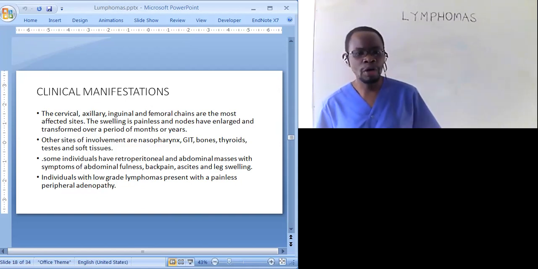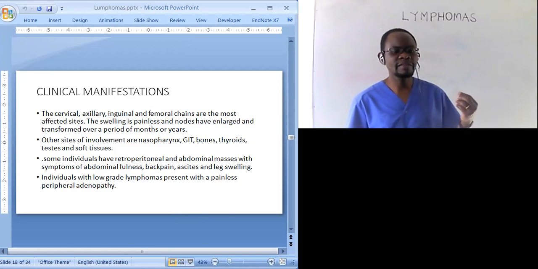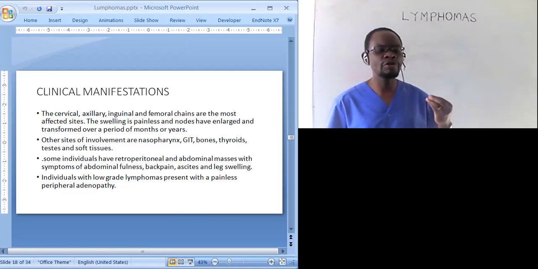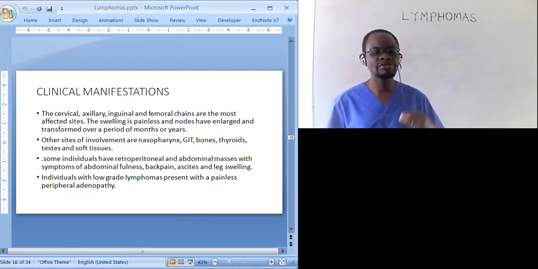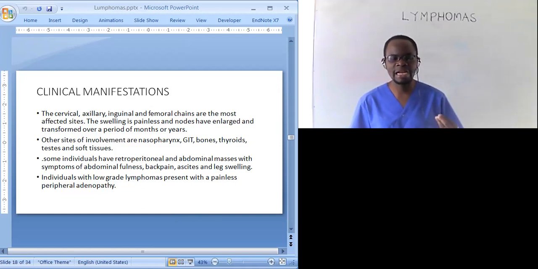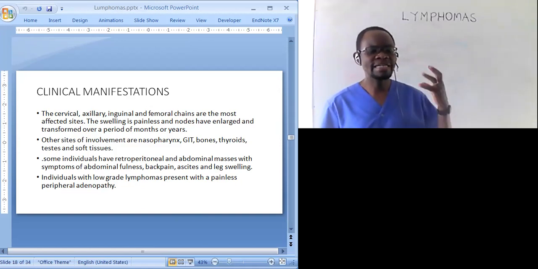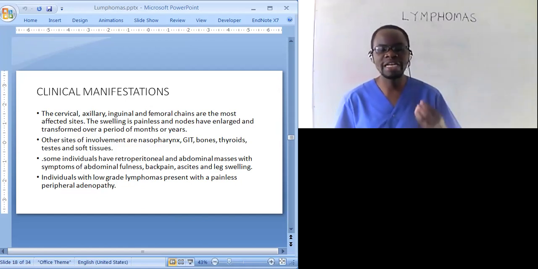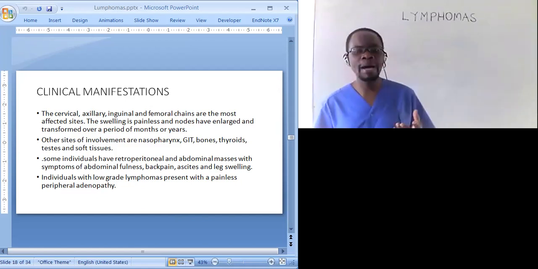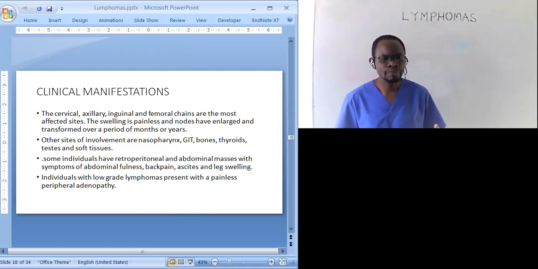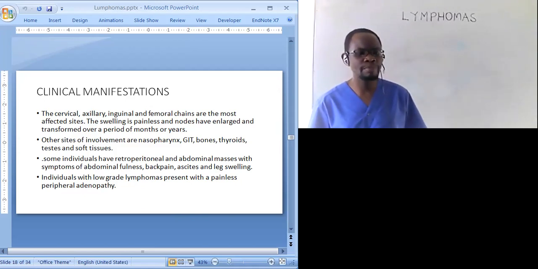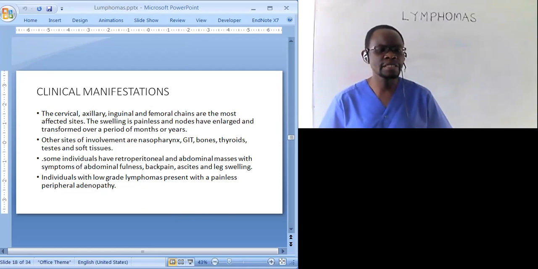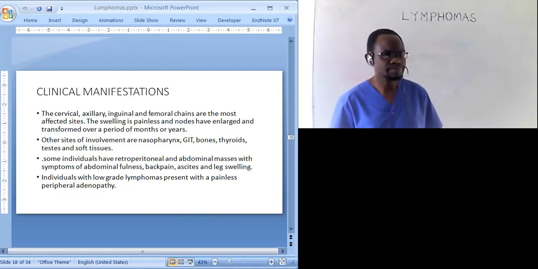They not only affect the extranodal tissues and places that are not accessible, but can sometimes be visually seen. And we say the hallmark is biopsy to determine presence or absence of Reed-Sternberg cells.